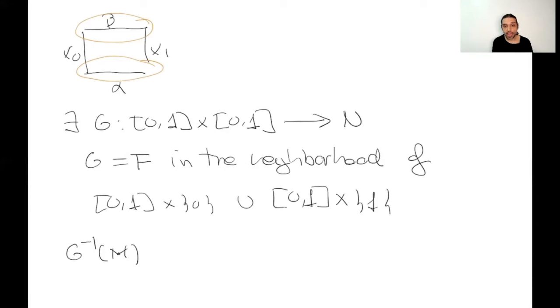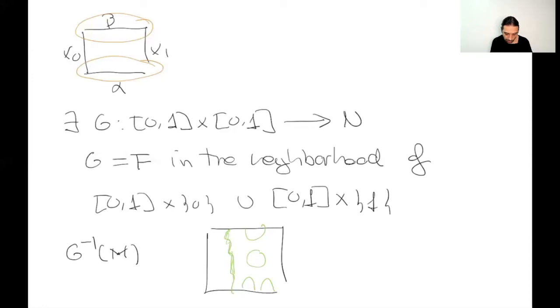So the preimage of N, now what we have is that because of transversality, this is going to be a neat submanifold of the square of codimension 1, or of dimension 1, because the dimension of the ambient space, the square, is 2. So when we draw here this preimage, it's going to be something like this. We are going to have some arcs going from one side to the other. We could have even things like this.